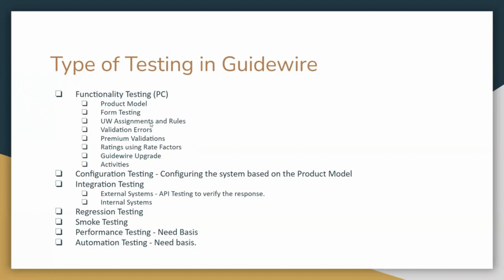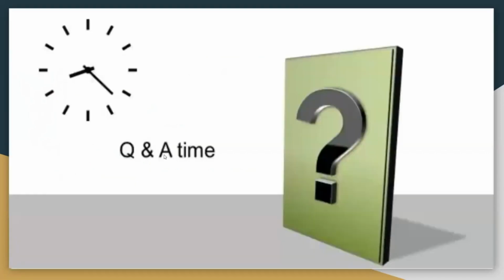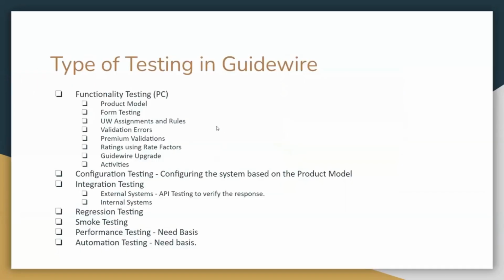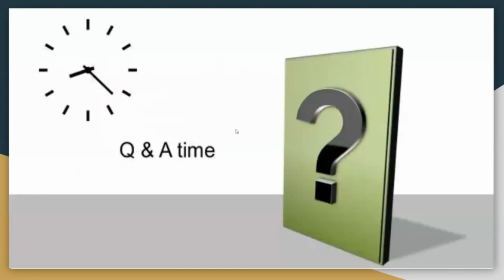Some projects are related only to forms, so they work only with documents. They don't bother about other things. Due to that reason, I have covered everything, but most of the parts will be covered as part of our Policy Center training. So that's all at a high level. If you have any questions, just let me know so that I can update you.